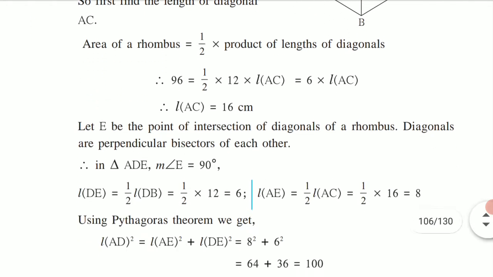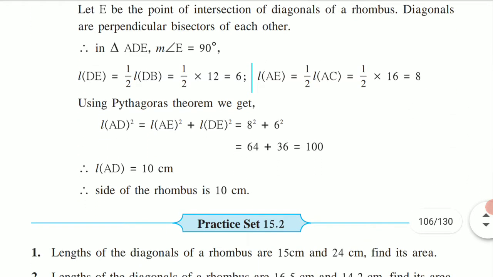Let E be the point of intersection of diagonals of the rhombus. Diagonals are perpendicular bisectors of each other. Therefore, in triangle ADE, measure of angle E is equal to 90 degree. Length DE is equal to 1 upon 2 length DB is equal to 1 upon 2 into 12 is equal to 6.